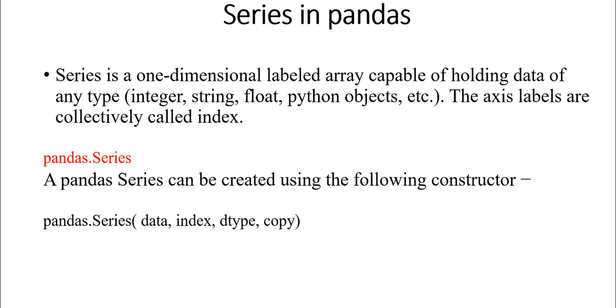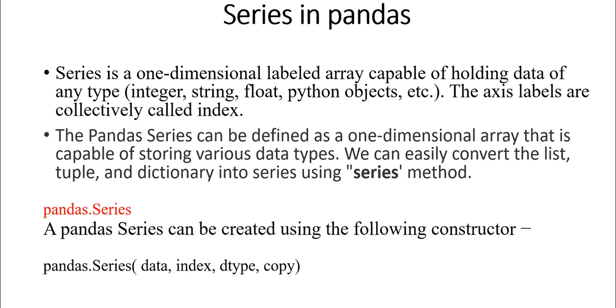The axis labels are collectively called the index. Each row has an index value. So the Pandas series can be defined as a one-dimensional array that is capable of storing various data types. It can easily convert a list, tuple, or dictionary into a series using the Series method.